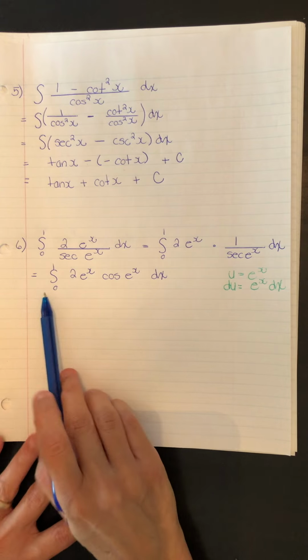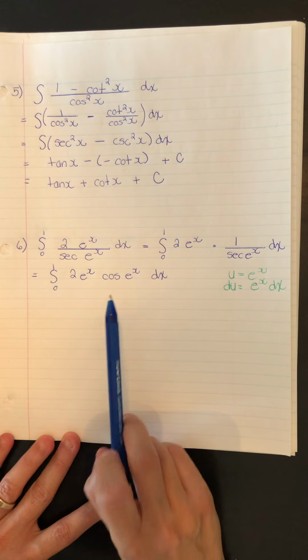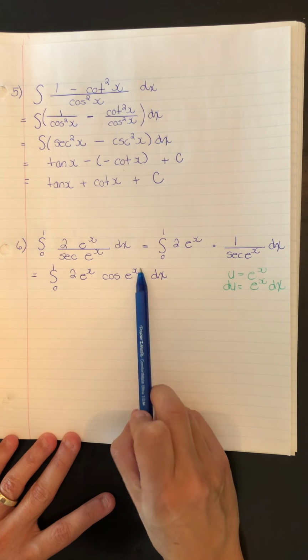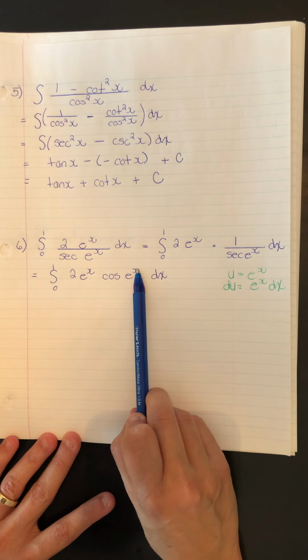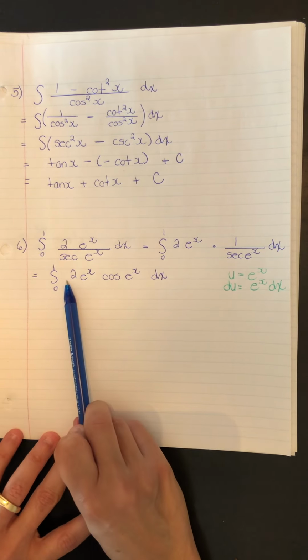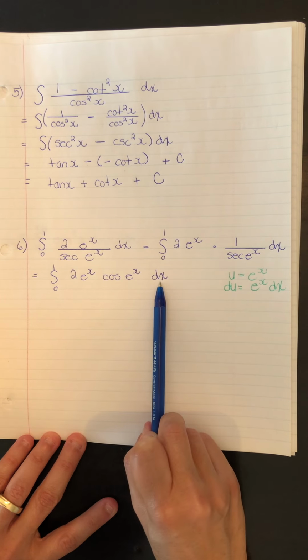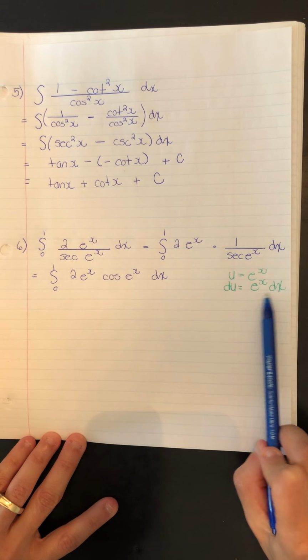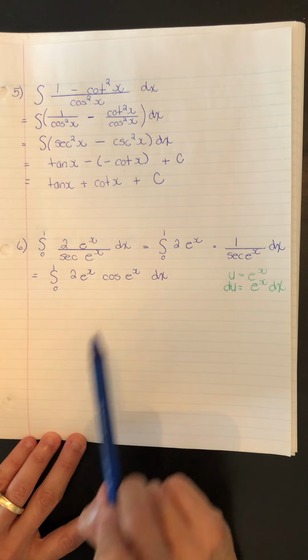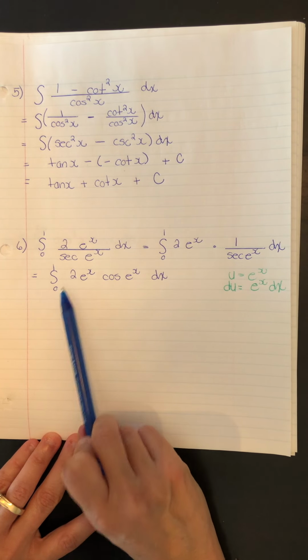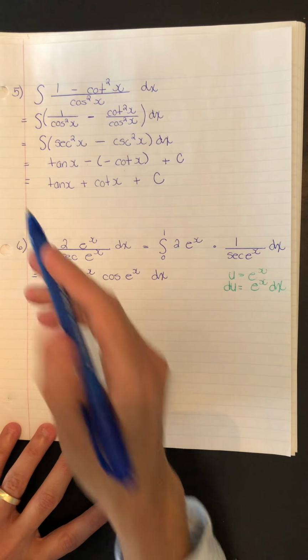Okay, so we're going to rewrite this now, making this cosine of u. Now we have 2e to the x dx, not e to the x dx. So that means we have 2 times du.